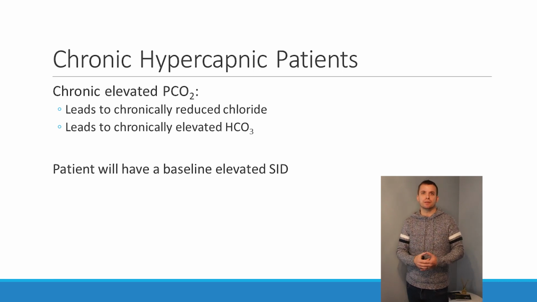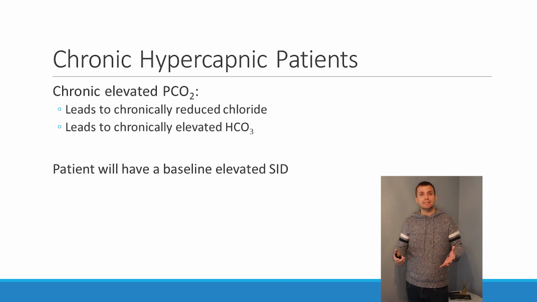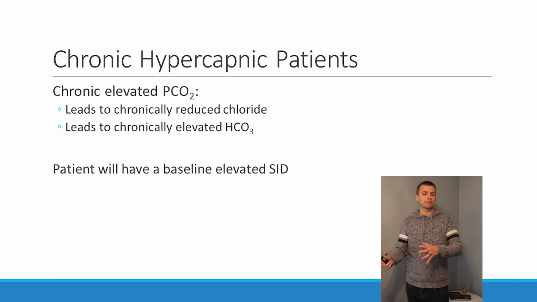We start diuresing, they end up 10, 12, 15 liters negative. All of a sudden, their normal SID, which is 42, is now closer to 50, and their bicarb, which is normally sitting around 30, 32, is now closer to 40. And so now they're like, oh, they have a contraction alkalosis when they're still volume overloaded, or they're apprehensive to give them a carbonic anhydrase inhibitor because they don't want to send them into an acidosis because they're chronic retainers.